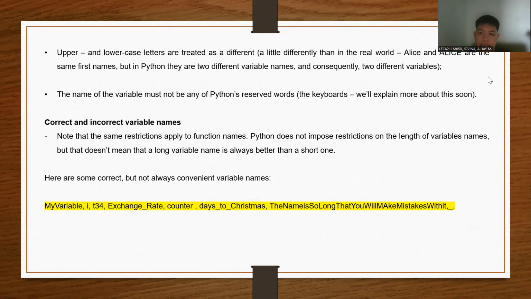Alice and ALICE, like this. This one is Alice with the first letter capitalized and the other ALICE is all caps. They are the same first names, but in Python they are two different variable names and totally two different variables.